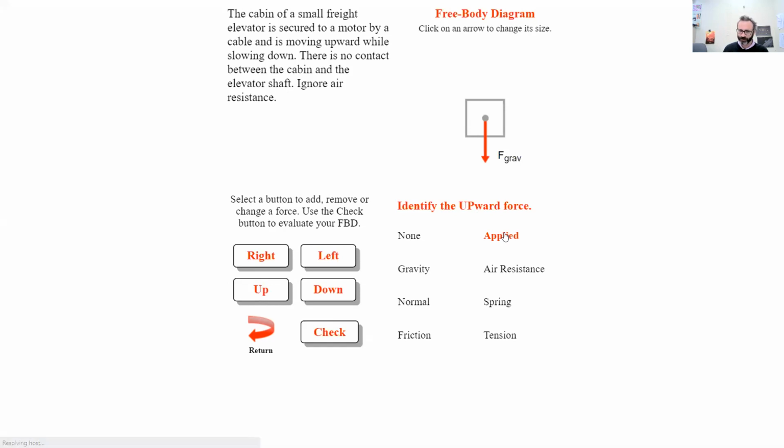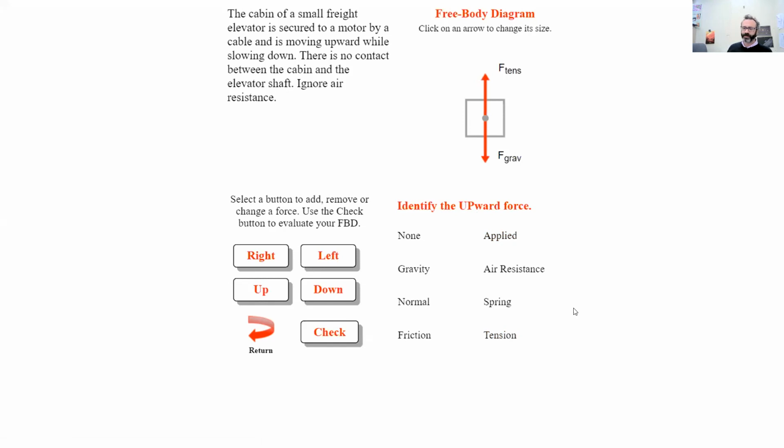It's being pulled upwards by a cable. What do I call an applied force that's using a rope or a string or a cable? Tension, right? So I'm going to call my upwards force tension.